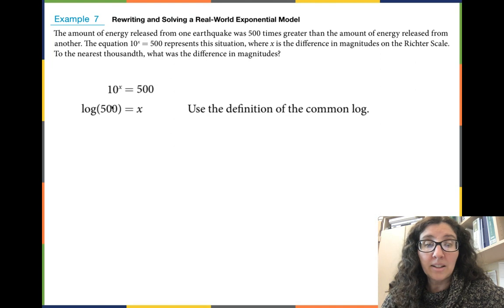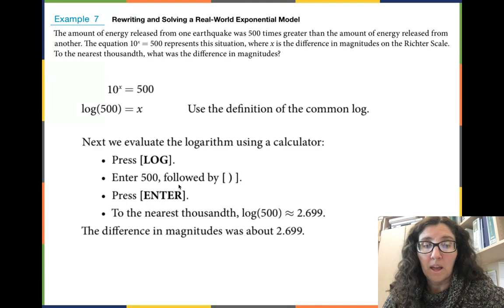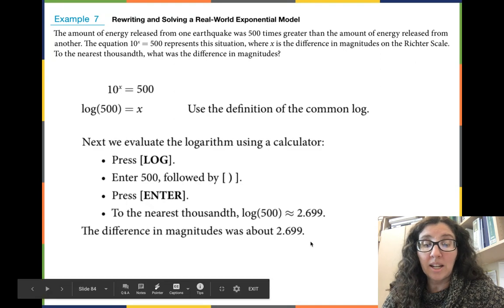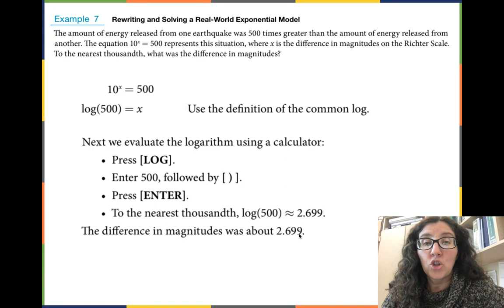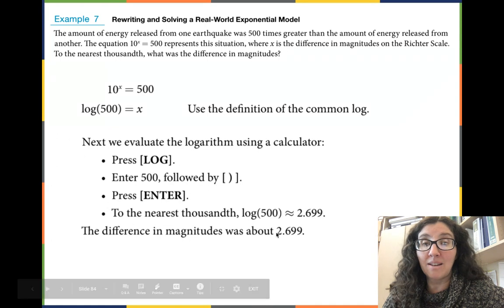And now we can just pop this in our calculator. Try it, see what you get. The answer you should get is 2.699. So the difference in magnitudes on the Richter scale was 2.699.